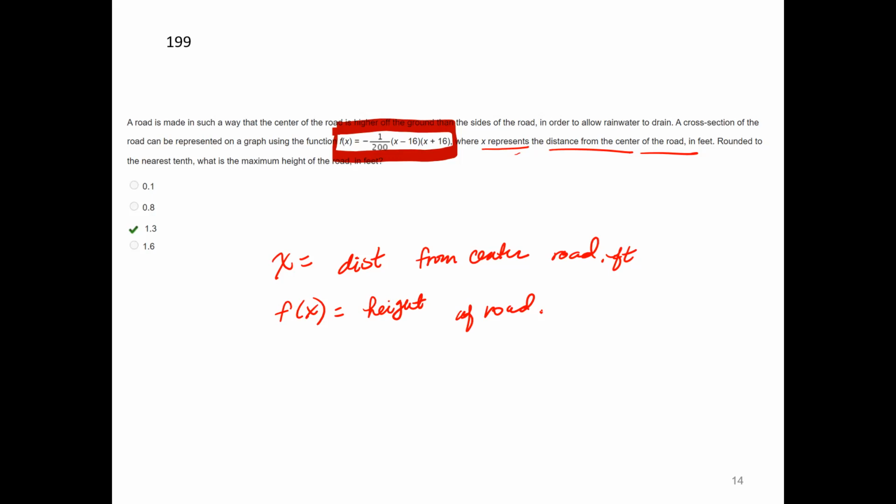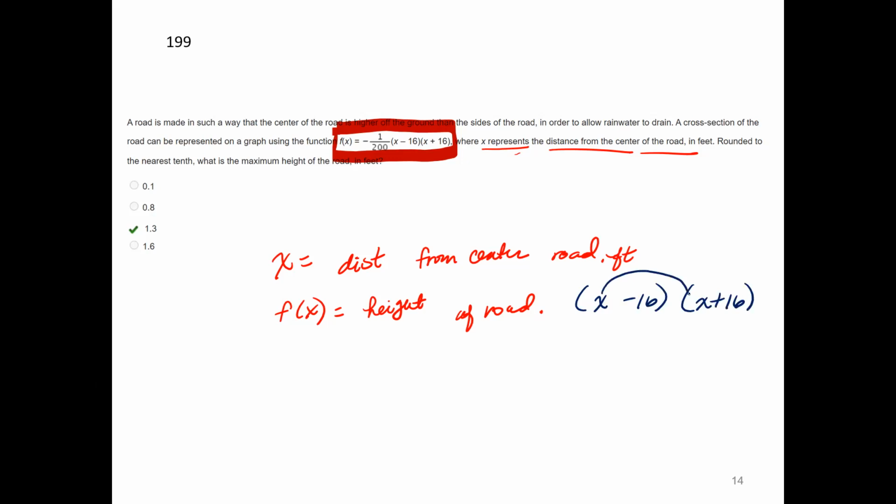All right, so let's try to see how we're going to do this. The only way that I can see to find the maximum, we could do this one of two different ways. We could either graph it, which you won't have as a graphing calculator, or we can go ahead and use algebra. So first things first, let's try algebra first. X minus 16 times X plus 16, okay?